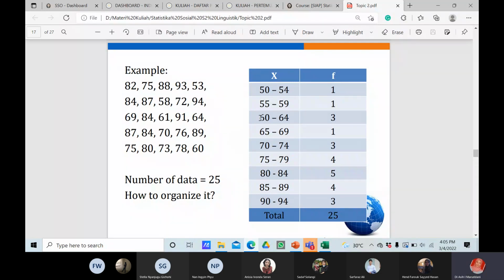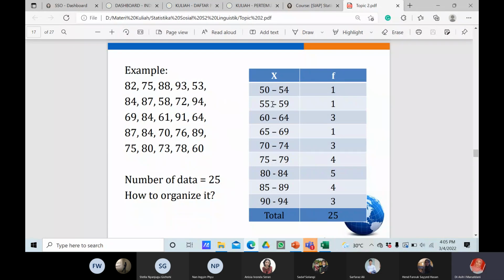At the third, we have 3 students who got scores at this interval: 61, 64, and 60. 3 students got scores in this interval.